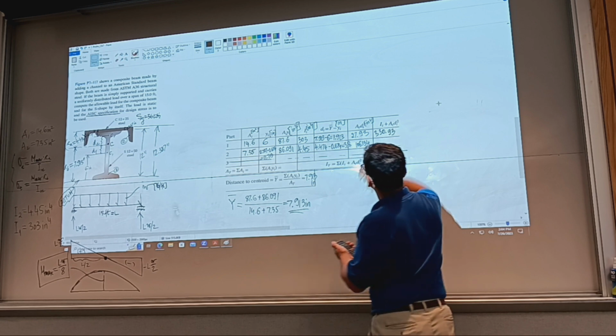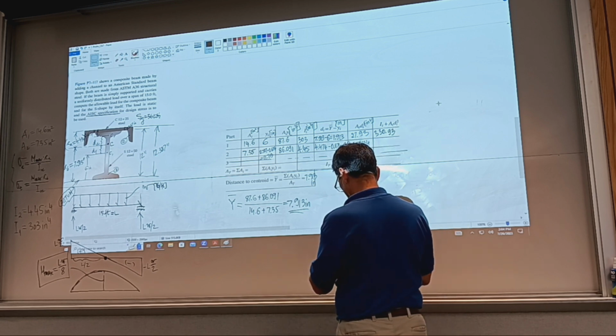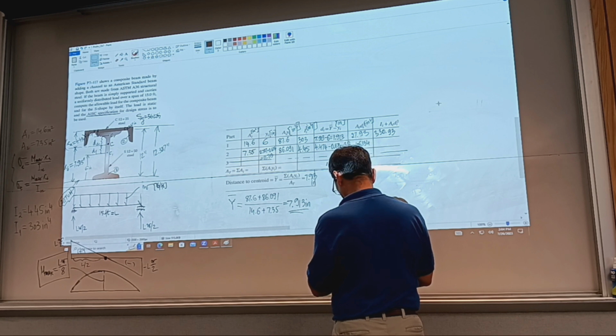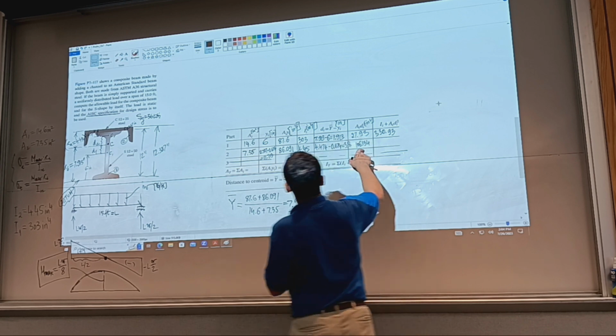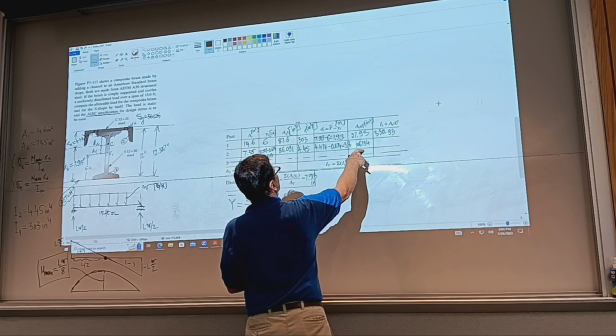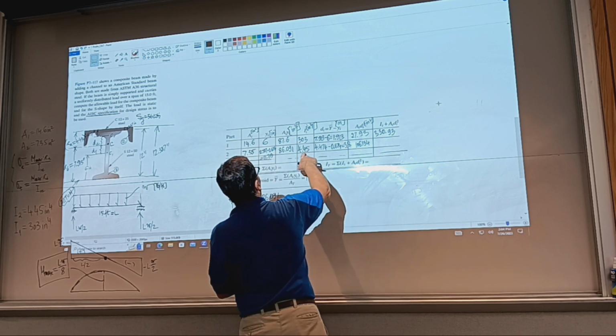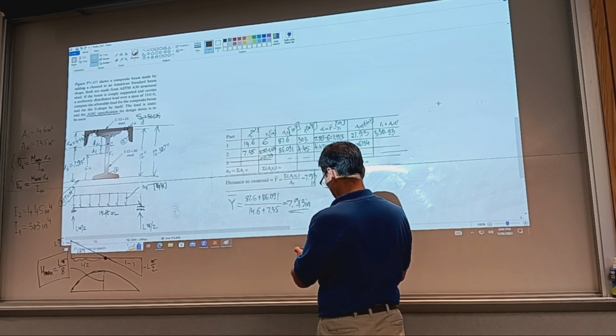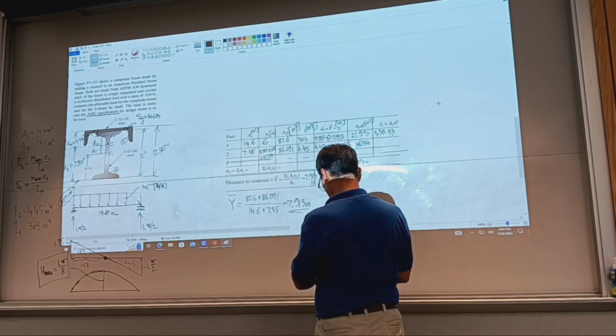And then the second one, it's 106.134 plus the moment of inertia I2, plus 4.45.